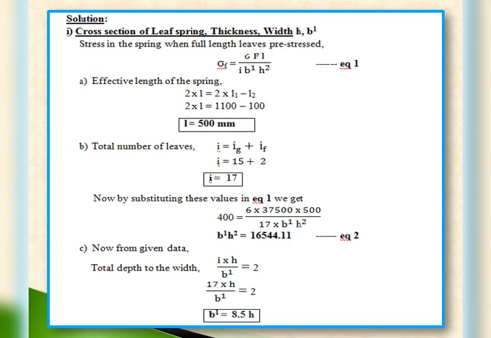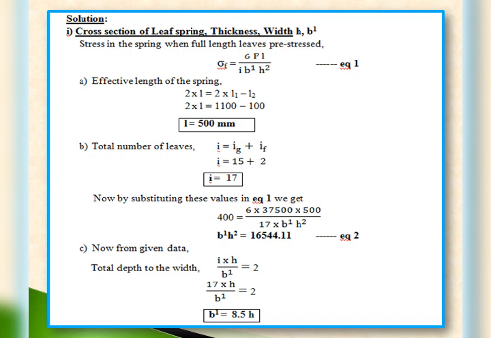And next, the last unknown, the load on the band F suffix b, needed to overcome that initial gap, can be evaluated using the equation for the load on the band to close the initial gap, that is F suffix b is equal to 2 into i suffix f into i suffix g into F divided by i into (2 into i suffix g plus 3 into i suffix f). That is equation number 11.32b, page number 182.